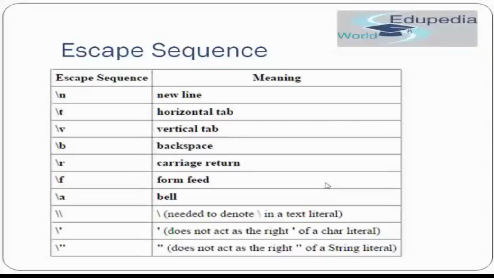Then we have vertical tab, backspace, carriage return, form feed, bell, and so on. You can see the list of these escape sequences and try using them in your Java program. This would be really helpful. The common ones used are slash n to go to a new line and slash t to give tab spacing.